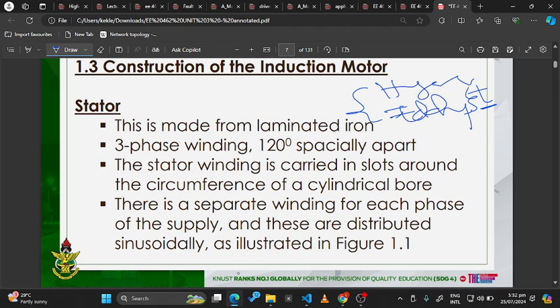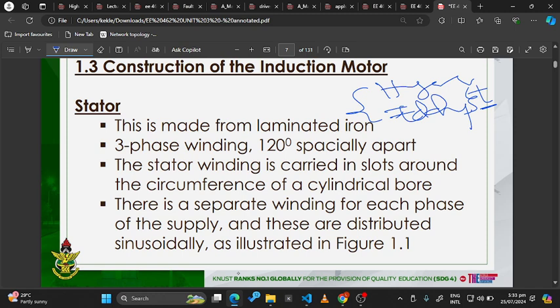The field is just that winding that produces the working magnetic flux. The armature is the winding or conductor in which the EMF is induced.